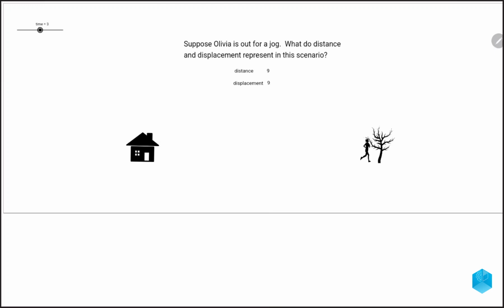Let me play the animation again. As she is moving towards the tree, both of the parameters are increasing, but the moment she is coming back, you will see that displacement is decreasing, but distance is increasing. Again, we have another similar and very interesting model regarding distance and displacement.